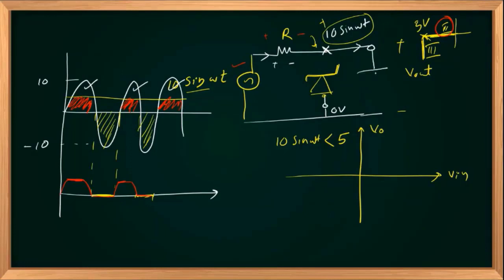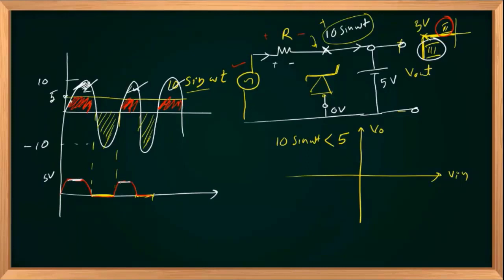So you can replace your diode with a 5 volt source once it is in breakdown mode, the third region. Once V out is shunted by a 5 volt source, V out will always be 5 volts. So V out remains at 5 volts when the input is greater than 5 volts, and this is my 5 volt level.